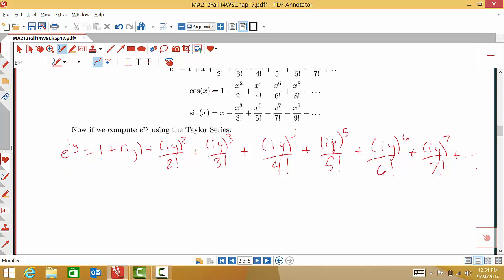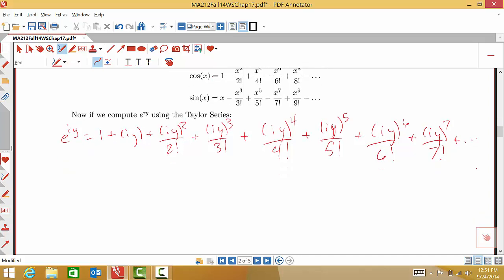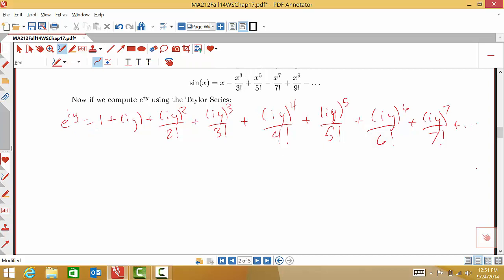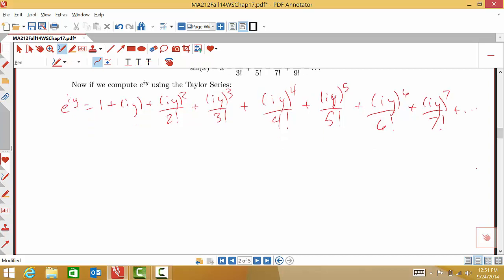Okay, so there we've got the Taylor series for e to the iy. We just wrote it down. We substituted in iy for x. Let's go ahead and simplify this a little bit.